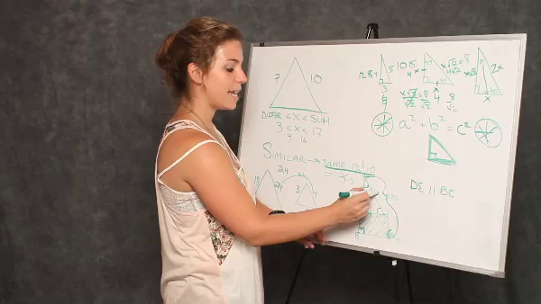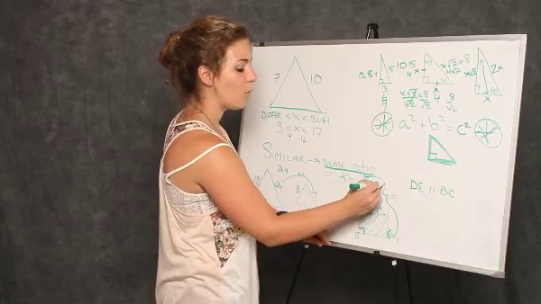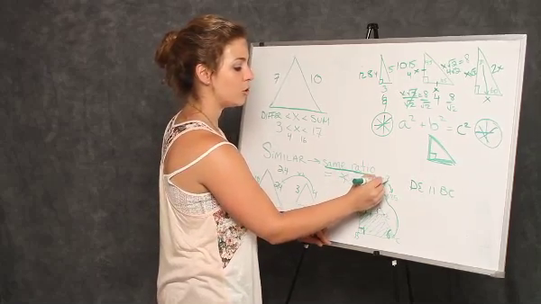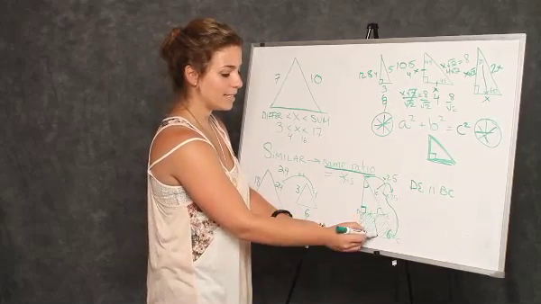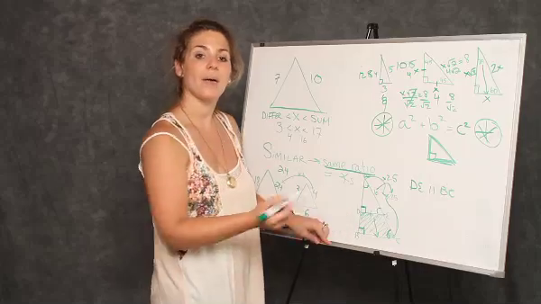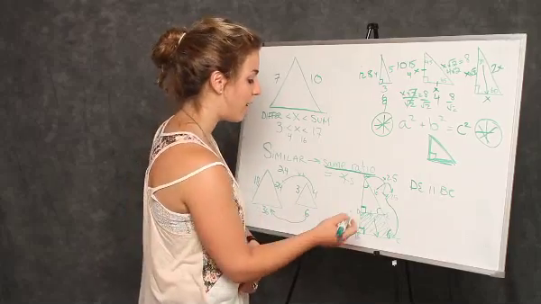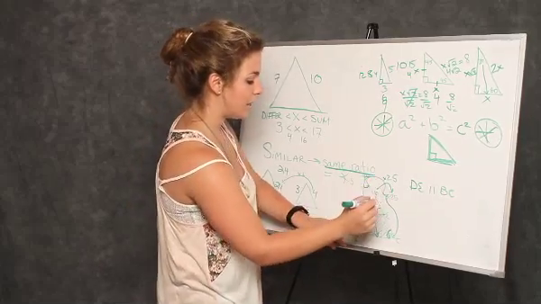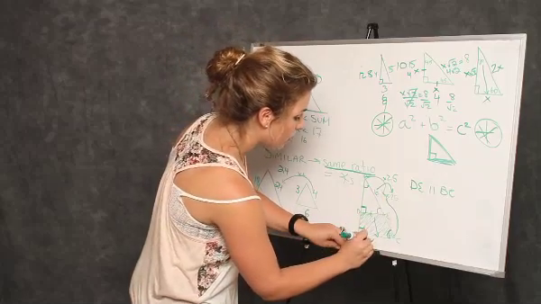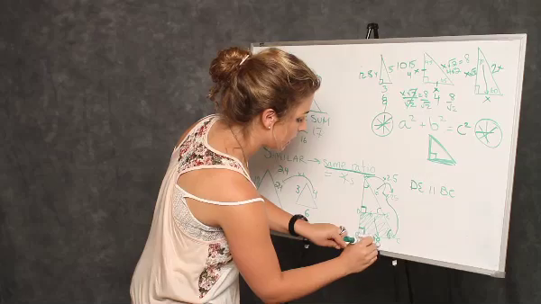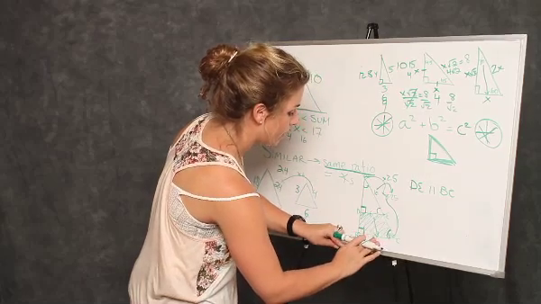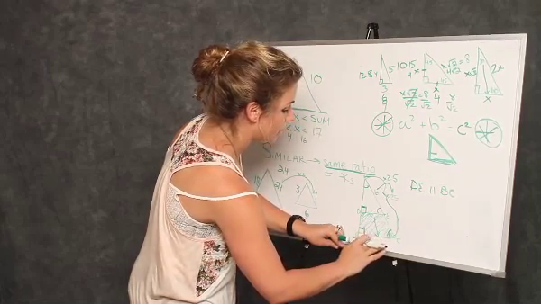So to go from 10 to 25, we multiplied by 2.5. So now to go from 6 to this side, we're going to multiply by 2.5 as well. And that is going to be 15.